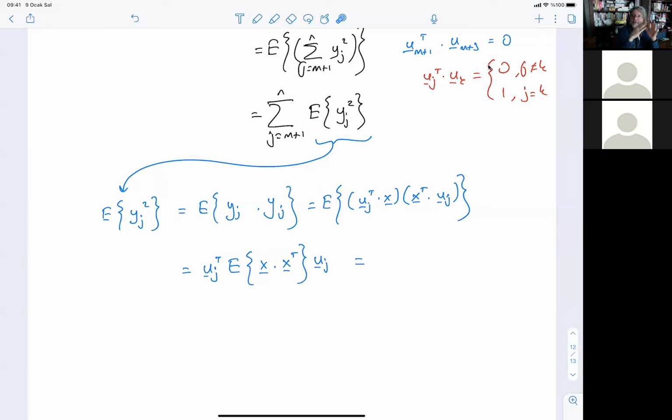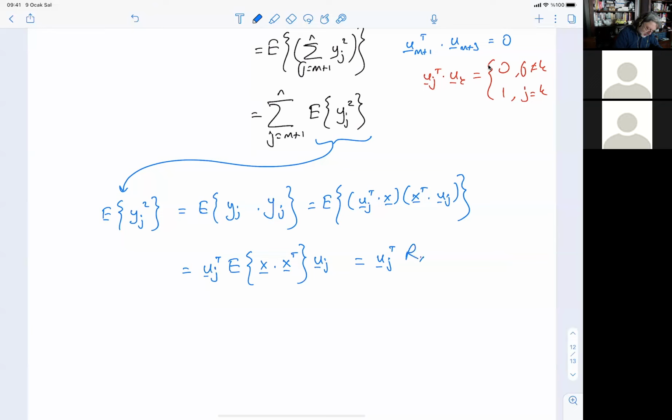But in the off diagonals, it will be the expected value of x1 times x2, expected value of x1 times x3, etc., which is the definition of the autocorrelation matrix, as we all know from other concepts as well.